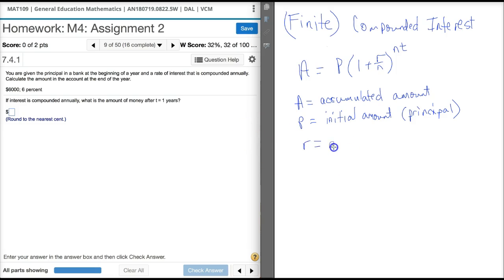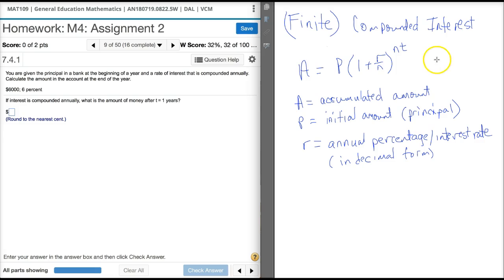R is your annual percentage rate or interest rate. This number is always in decimal form whenever we put it into the formula.